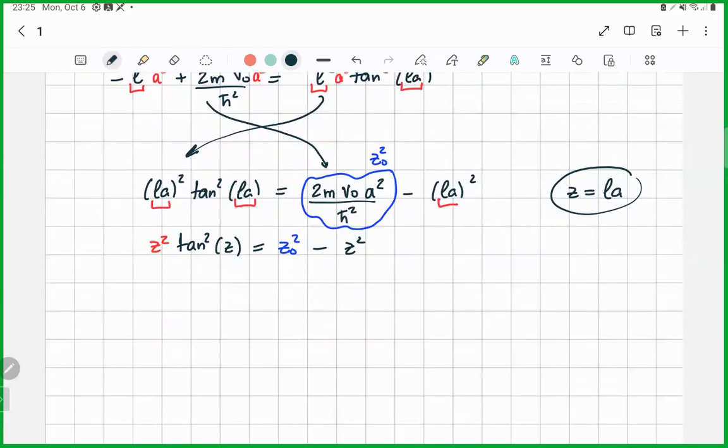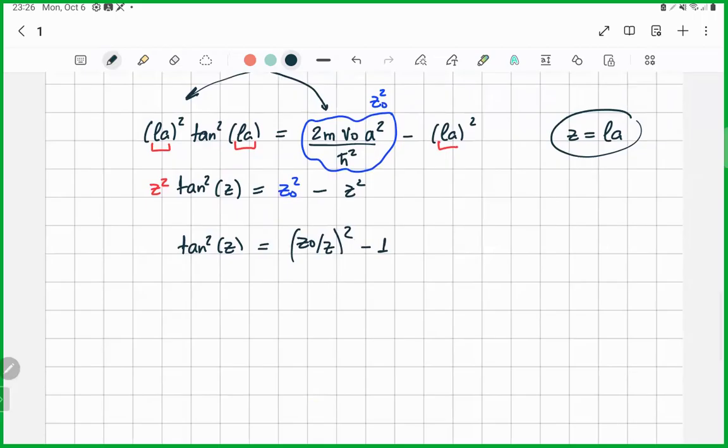Well, let me improve it a little bit more. I'm passing that z squared to the right. So I have z0 divided by z, all that squared, minus 1. And let me do the square root. So I have tangent of z equal to the square root of z naught divided by z, all that squared, minus 1.